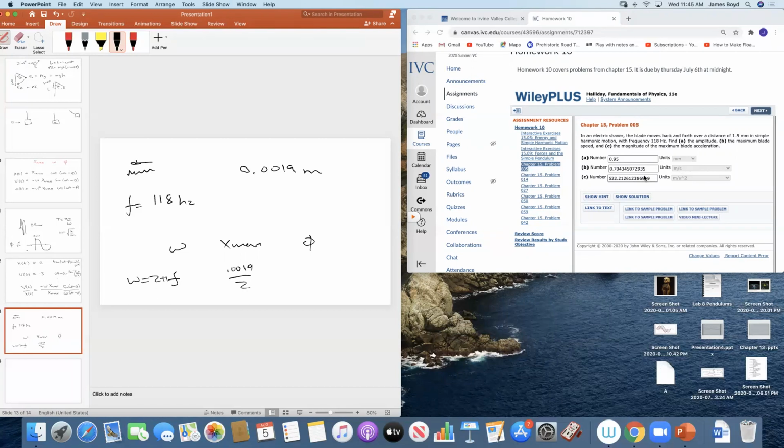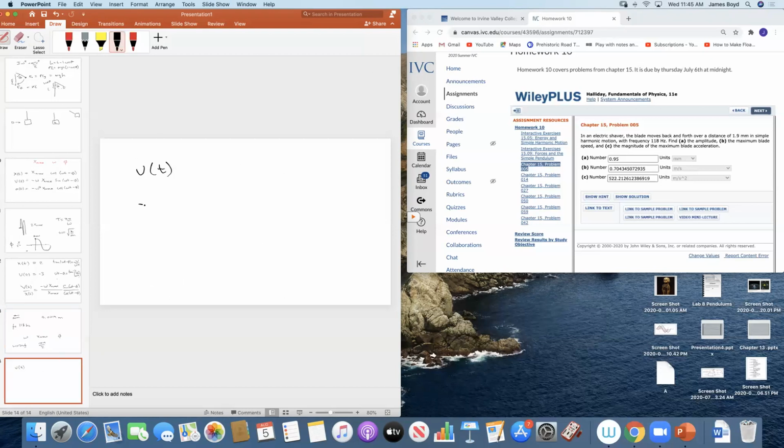But then they're asking you for the maximum velocity and the maximum acceleration. And we know that v of t and a of t are negative omega sine omega t minus phi, or plus phi for your book, with an x max, and x max cos. And so for this to be a maximum, this argument has to be pi half.